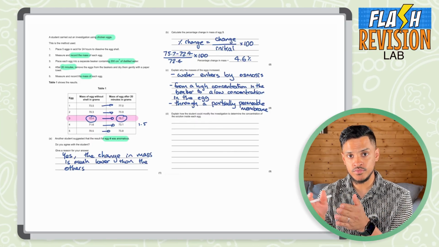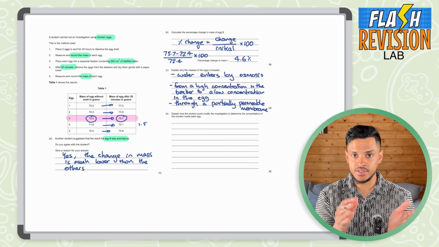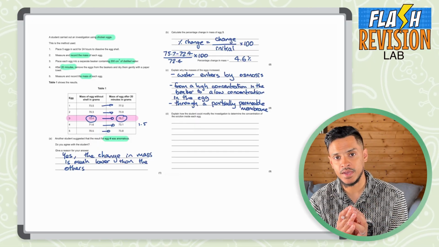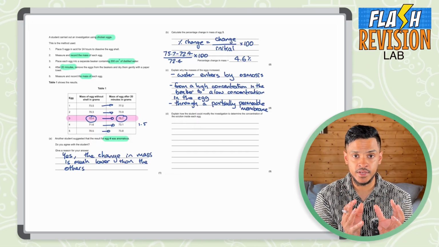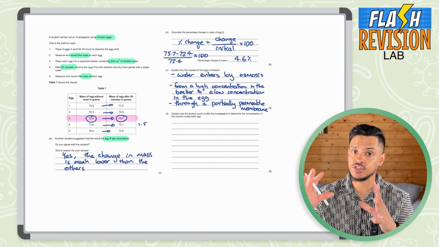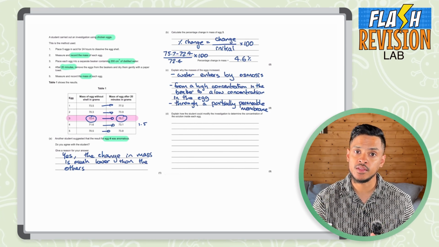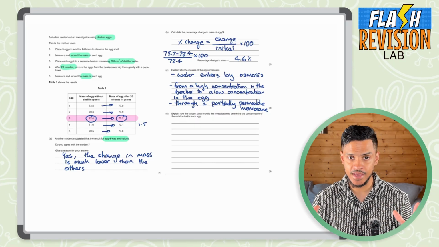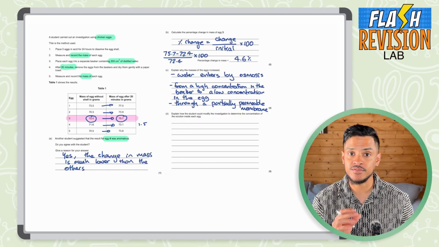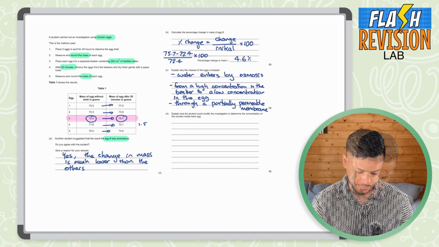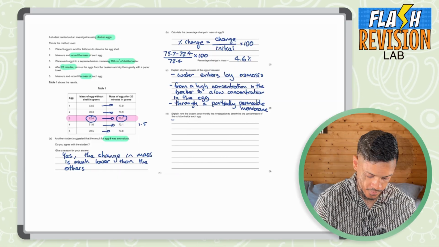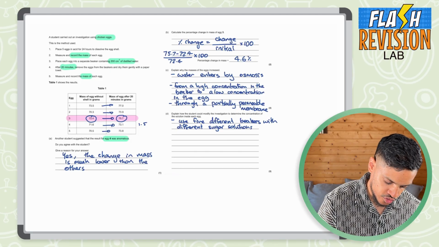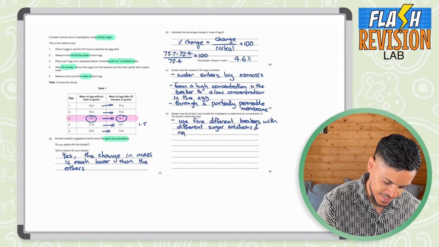And then as you move up in concentration, the increase in mass will get less, and some of them will show a decrease in mass because at some point your water concentration in the solution is going to be lower than the water concentration in the egg, and that's going to cause water to leave the egg. Our aim in this is to find out what that concentration is. So you use 5 different beakers with different sugar solutions and repeat the method.